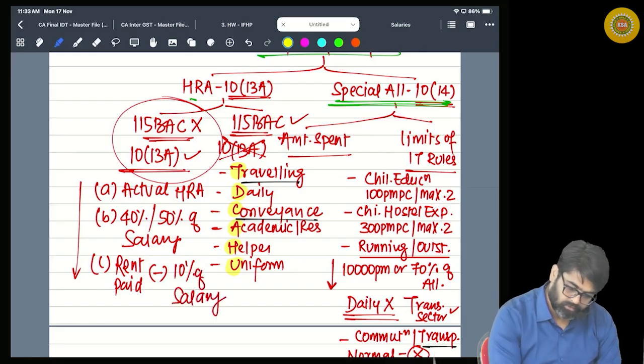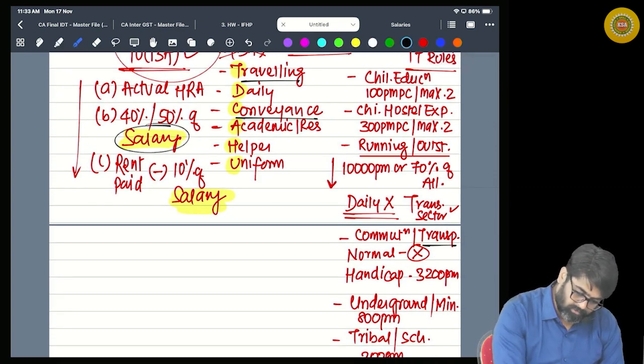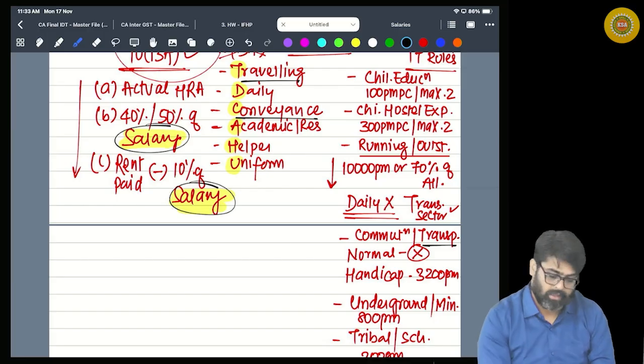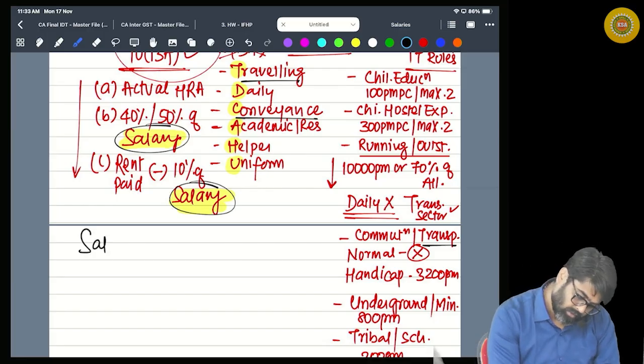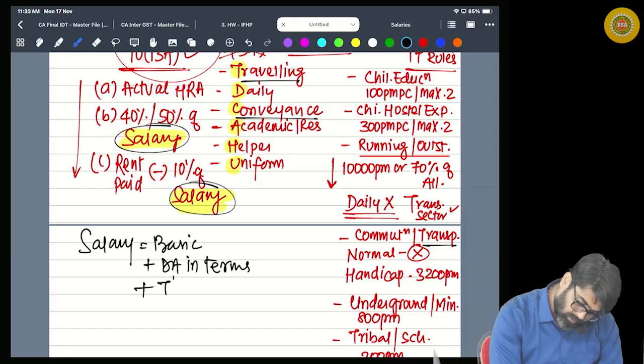10% of your salary to calculate the HRA exemption. To calculate the HRA exemption, salary includes basic plus DA in terms and plus turnover commission.